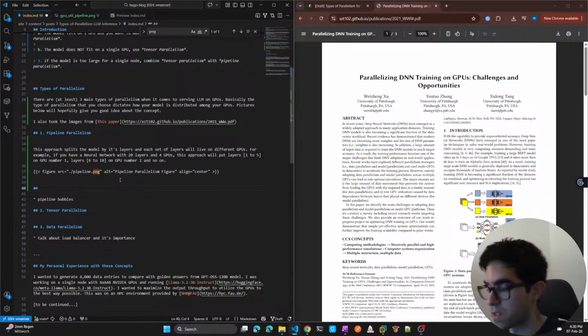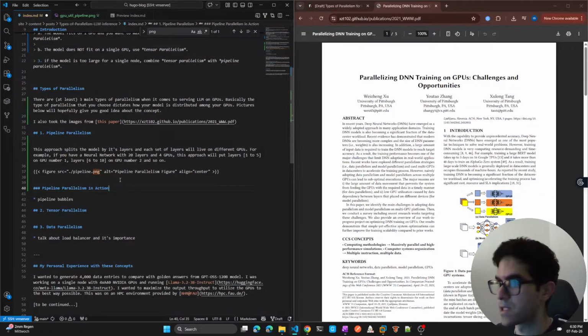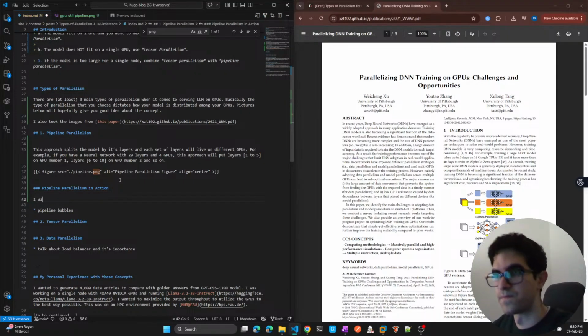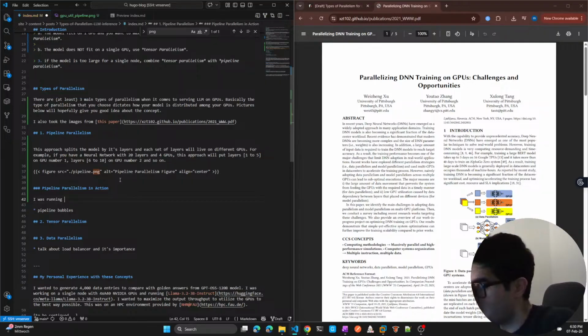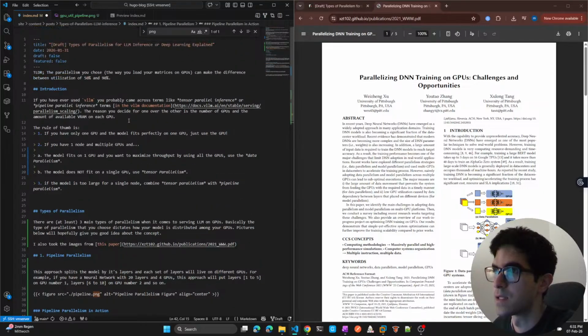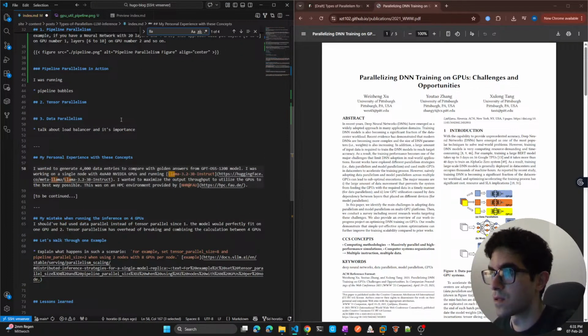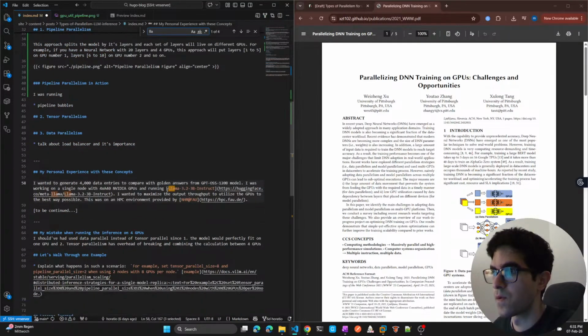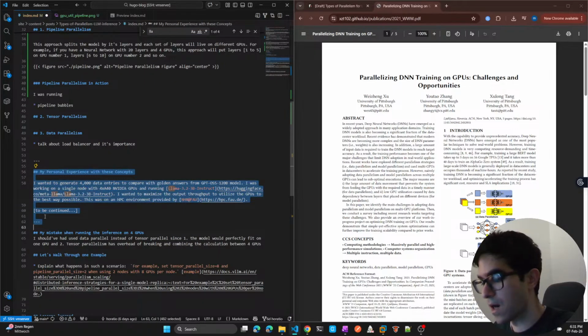also write about pipeline in action. I was running, I'm not sure which model it was, but probably I can also maybe put this on top.